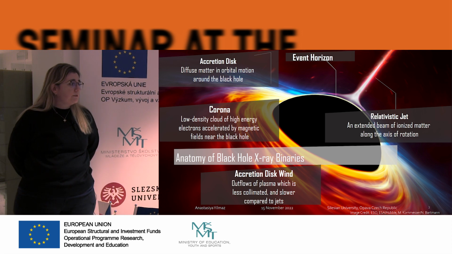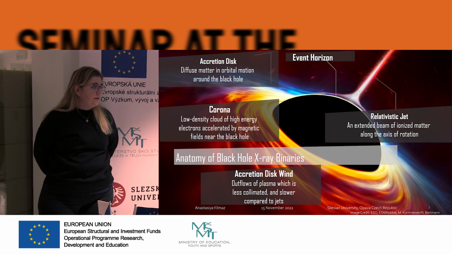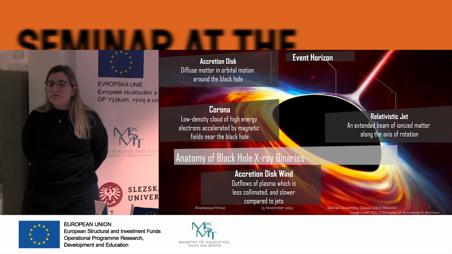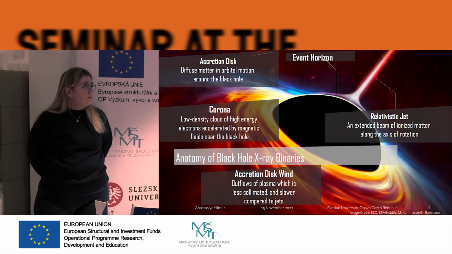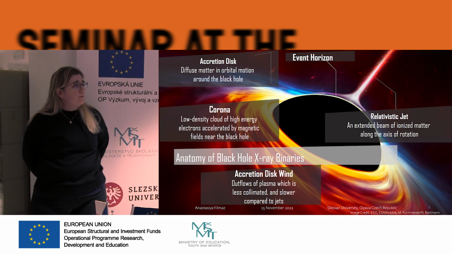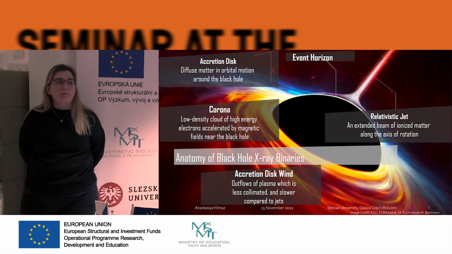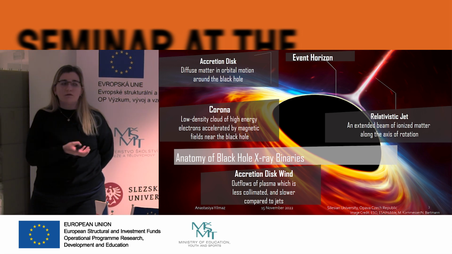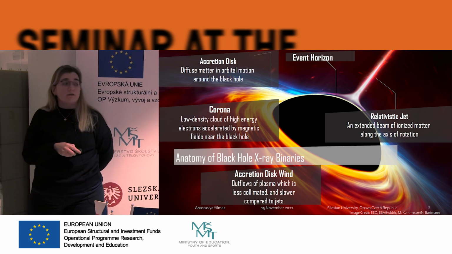We also have the relativistic jet, and in many cases we also observe the accretion disk wind due to many of the powering mechanisms. But for the main topic, I will be only talking about modeling of the corona and the accretion disk in general. Relativistic jets are usually observed in radio, which is not really covered in my energy range.